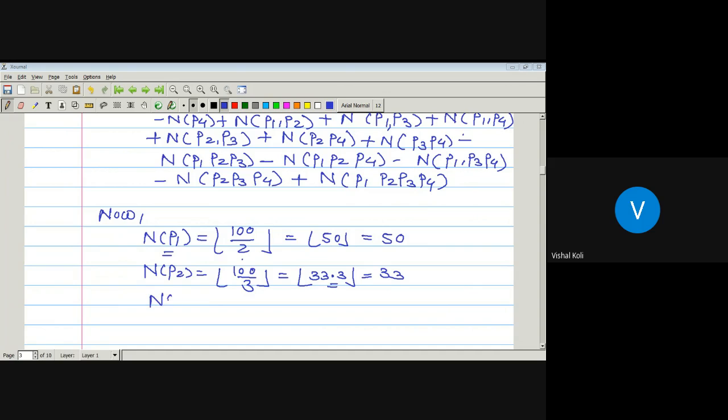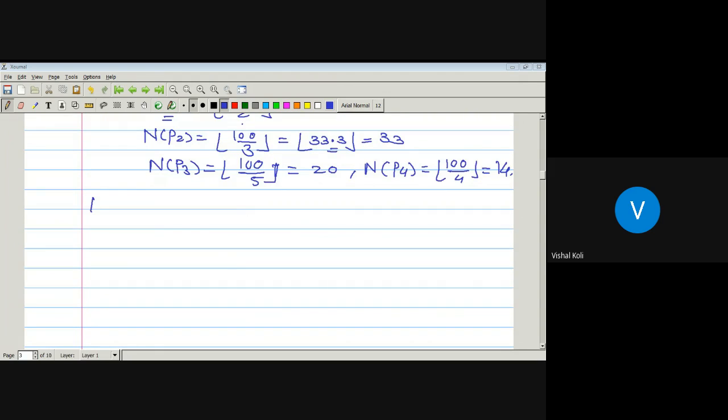Similarly, n of P3 is 100 divided by 5, which is 20. Similarly, n of P4 is the greatest integer value of 100 divided by 4, which is 25.